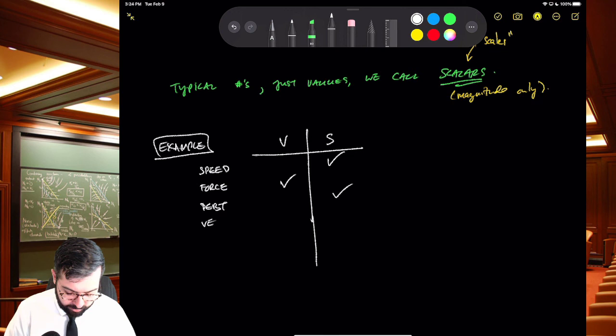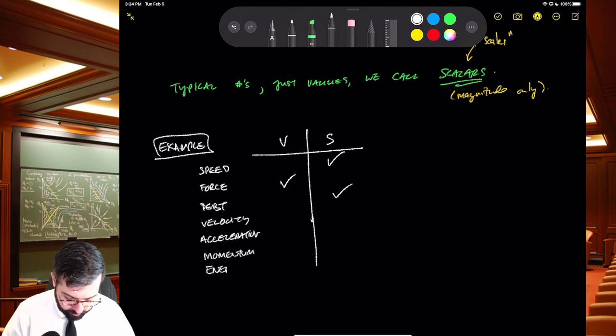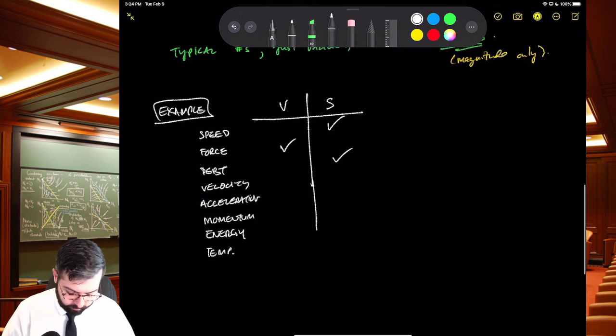All right, I want you to think through these next ones here. Velocity, acceleration, momentum, energy, temperature, work, current.